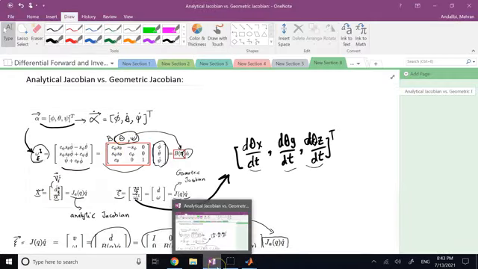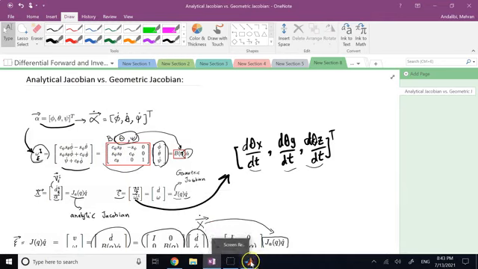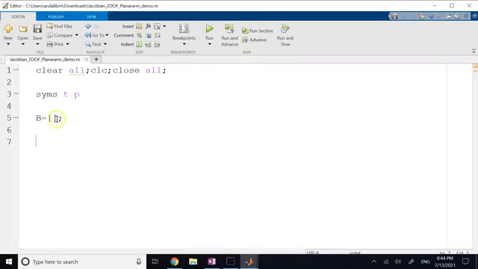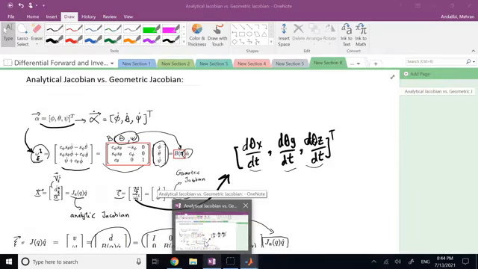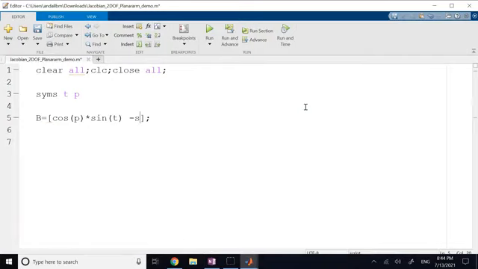cosine psi sine theta, sine psi sine theta, followed by negative sine psi and 0.